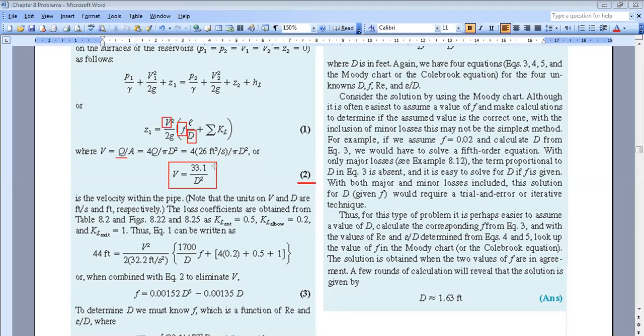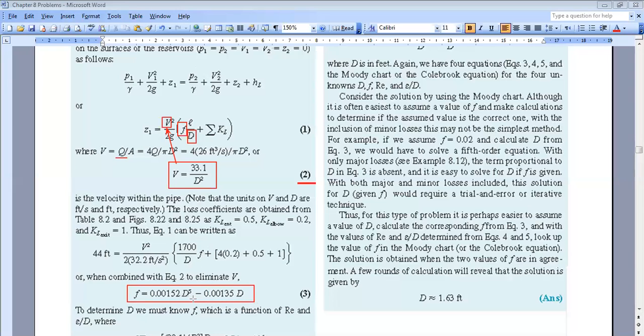If I replace V by its value in equation 1, I can find a direct relation between F and D. So by replacing 2 in 1, I can get the friction factor only as a function of the diameter. This will be my relation. But it's also not enough, because it's one equation but 2 unknowns.